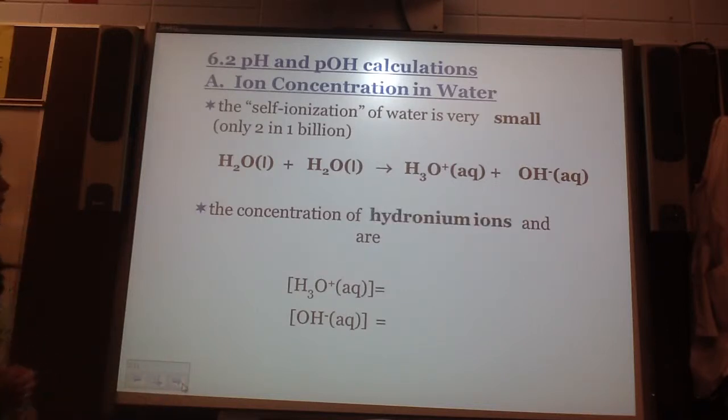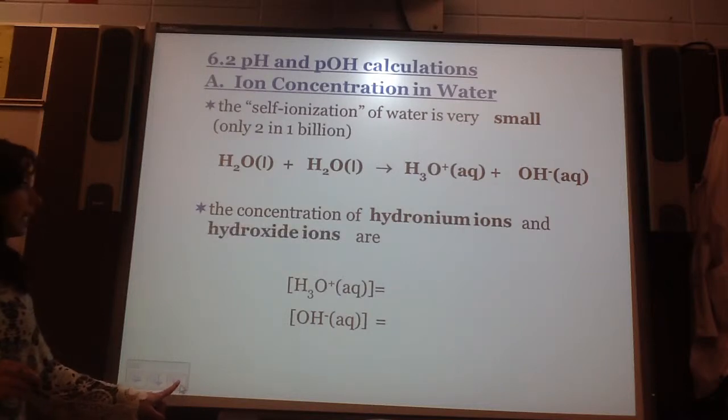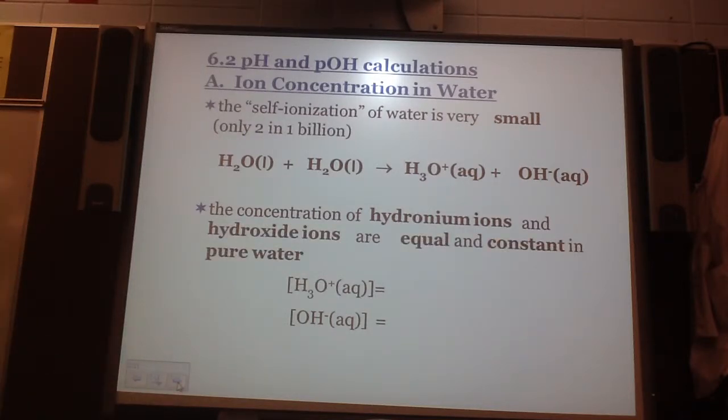Now, the concentrations of hydronium ions and hydroxide ions are equal and constant in pure water. So that's why its pH is 7. So that's our reference point.